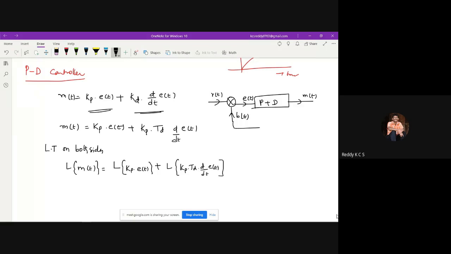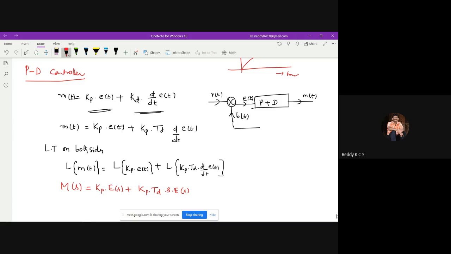Applying this, M of s equals Kp, since it is a constant, into E of s, plus Kp into Td, both constants. Then d by dt of E of t, neglecting the initial conditions, is s into E of s.